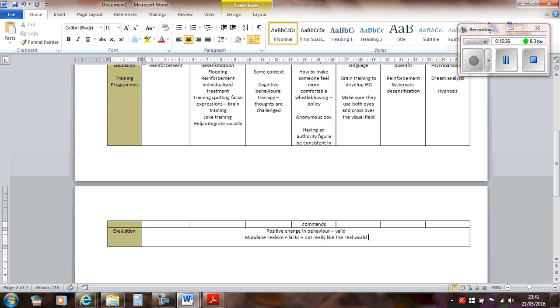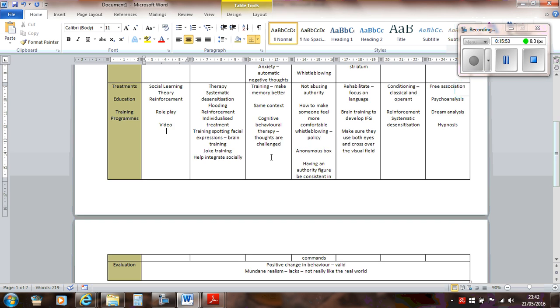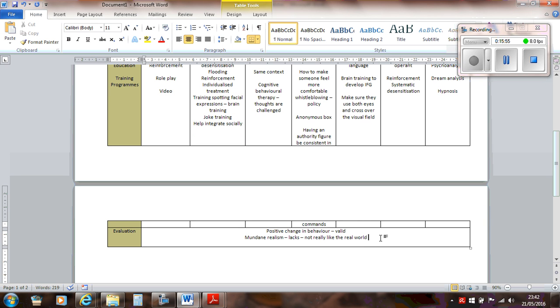So say you've suggested something like a role play or a video of somebody doing an act or whatever, then that might not be like the real world. So it's not a normal task, so it's not going to rehabilitate them, it's not going to treat them in any way.